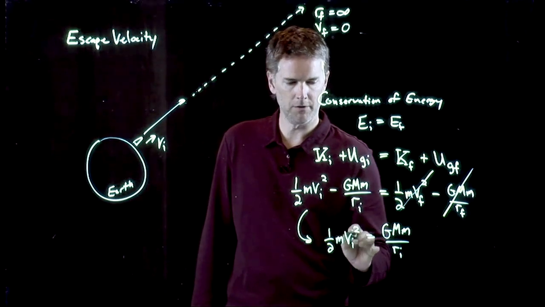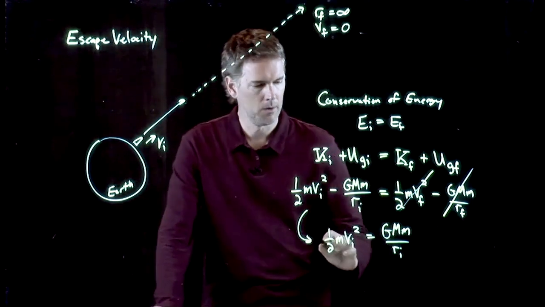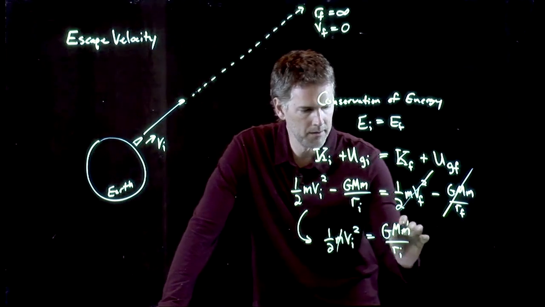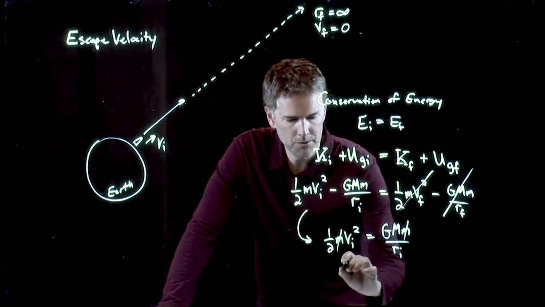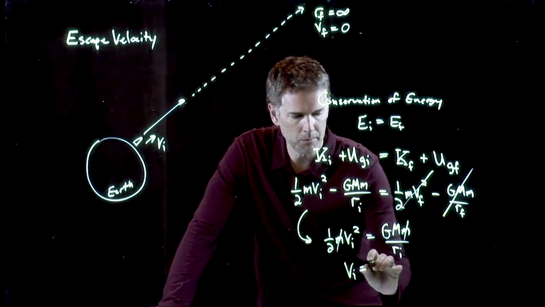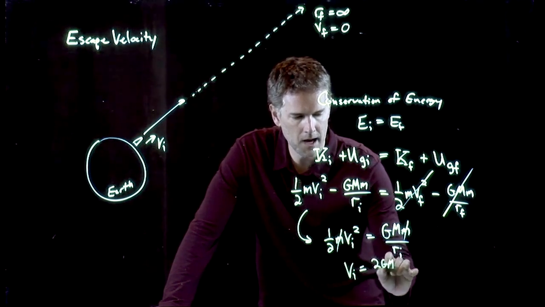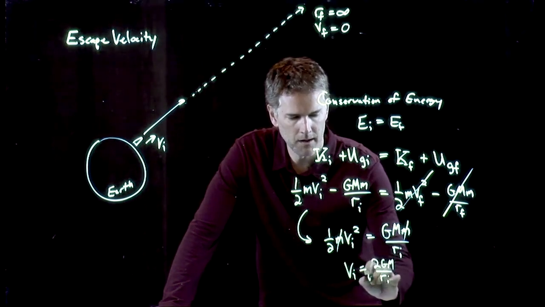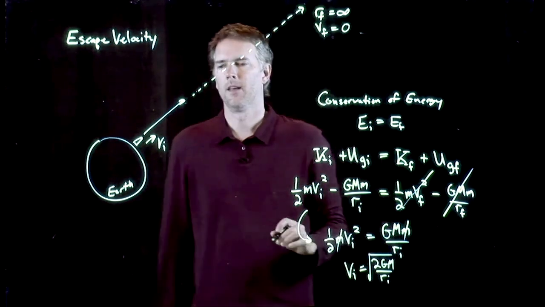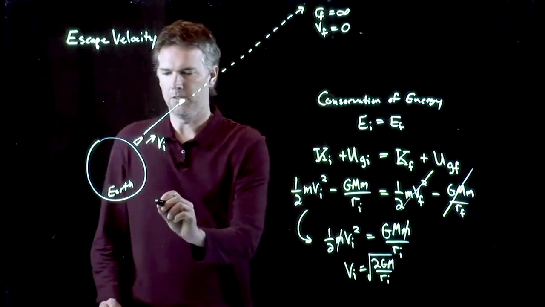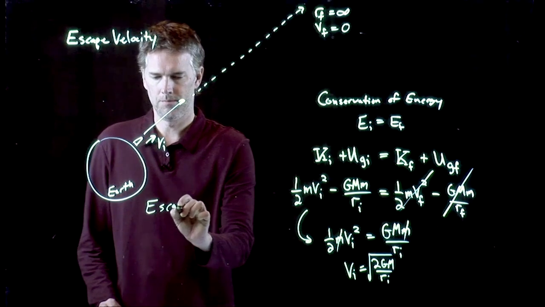We can solve this equation for VI. What do we get? The little m's drop out. We multiply by 2, and we take the square root, and we get 2GM over R sub I, and we take the square root. And this is escape velocity.